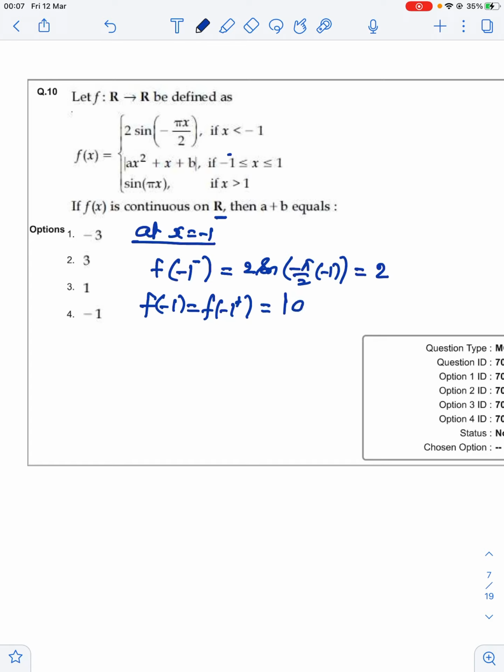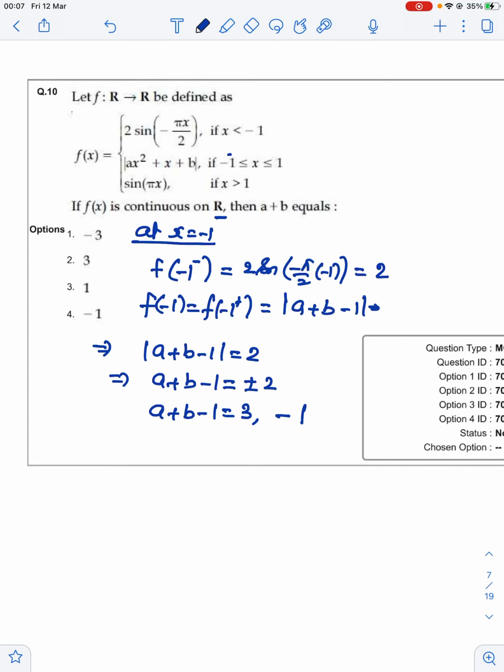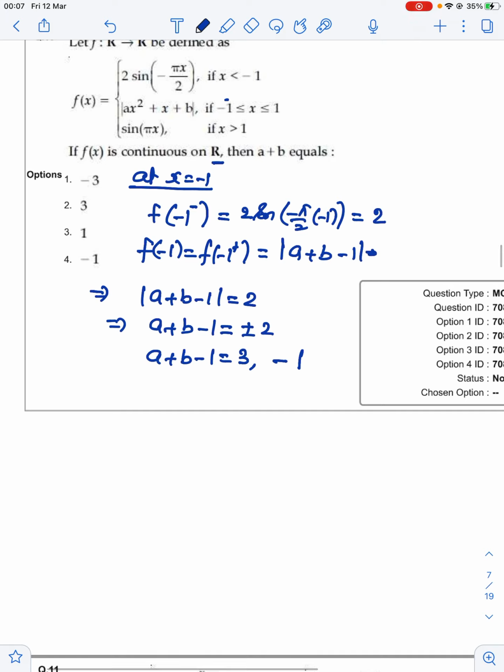So when we put it, we have modulus of a plus b minus 1, this much. So for continuity, we can say that modulus of a plus b minus 1 is equal to 2. That means a plus b minus 1 can be plus minus 2. So a plus b minus 1 can be 3 or minus 1.